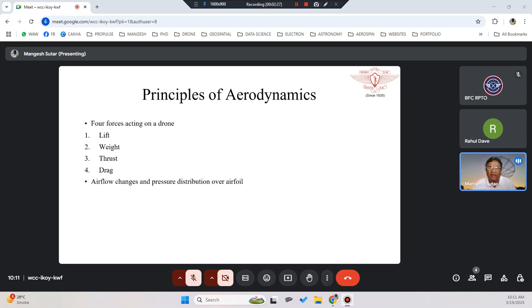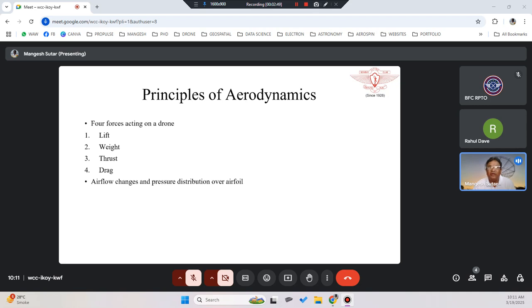Whereas thrust is generated by two components. One is the vertical rotors, which help initially to take off from a particular position, and once it is in the air and in a forward direction, it does a transition from a rotorcraft to the aeroplane.